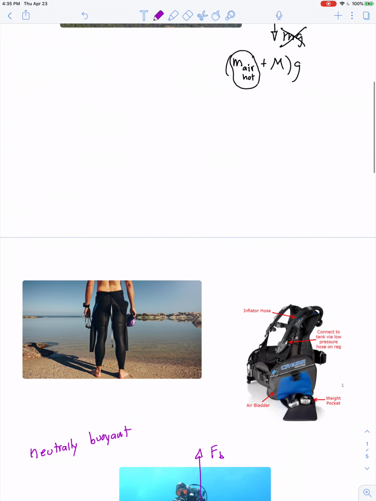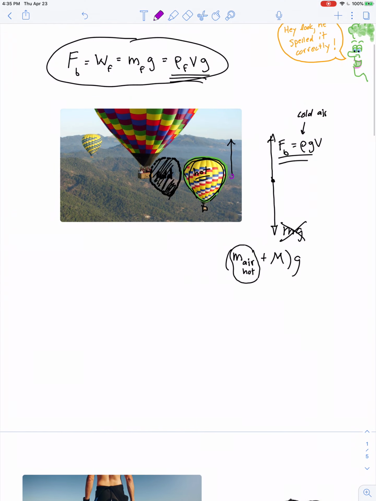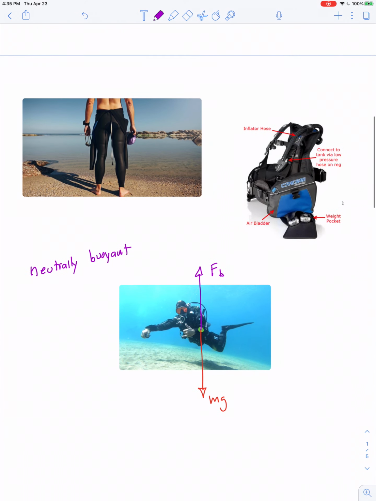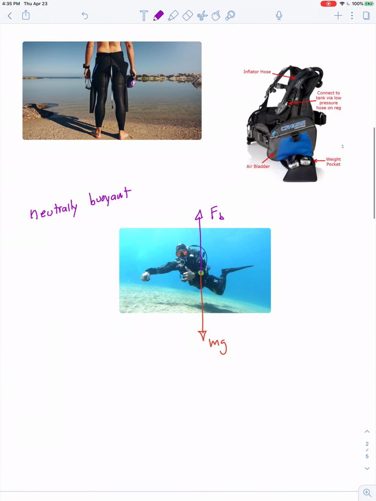The same thing can be true for a hot air balloon. If the buoyant force and the gravity force are equal, then the hot air balloon is neutrally buoyant. But once one force gets larger or smaller, this is the force in the case of the hot air balloon that's going to get larger or smaller, then it can either be positively or negatively buoyant, meaning it can rise or it can sink.